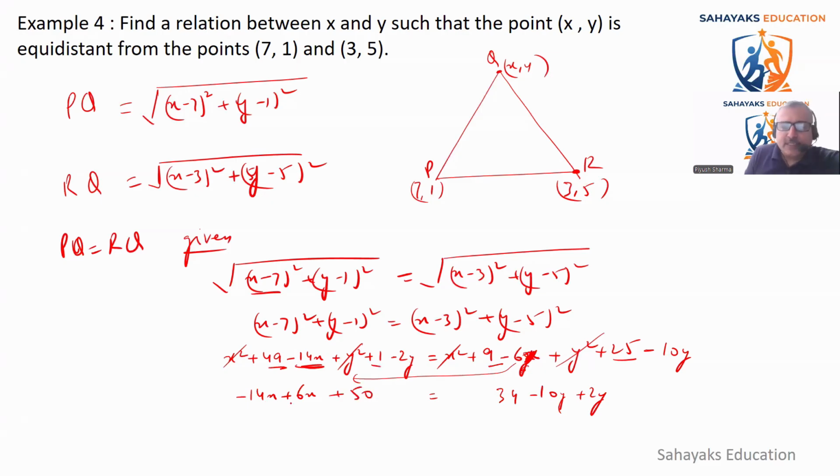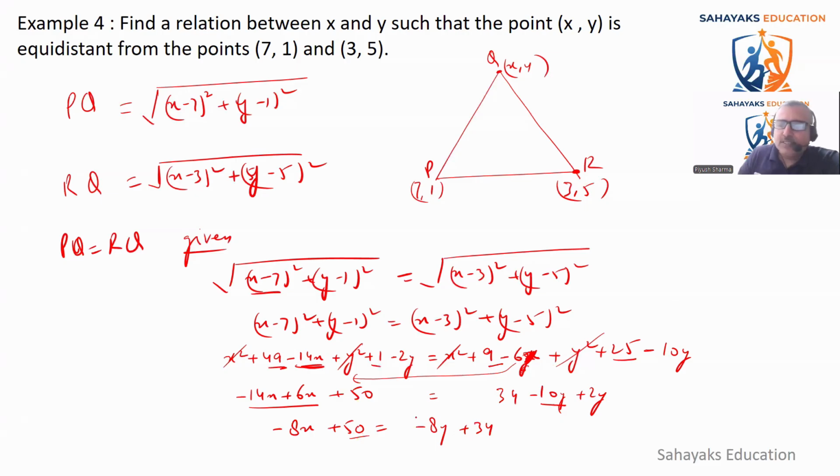So this is the entire equation now. It becomes minus 8x plus 50 is equal to, this is minus 10y plus 2y is minus 8y, plus 34. Okay, so I'm just putting 8x to the other side and 50 also to the other side.